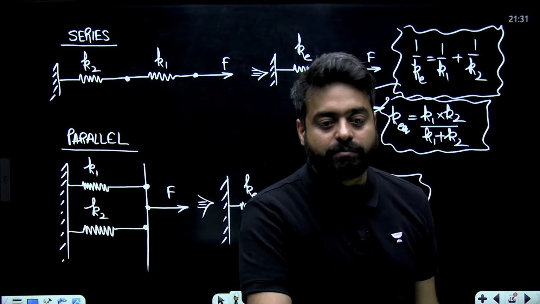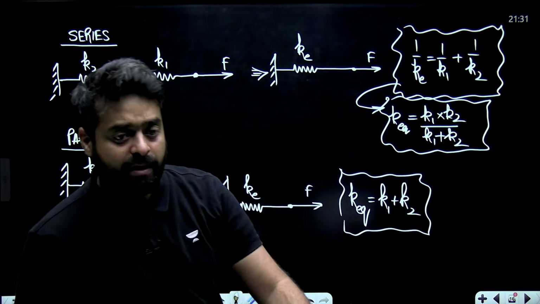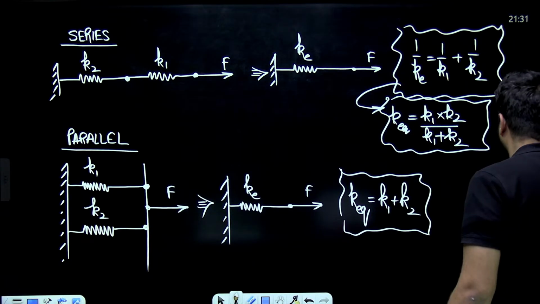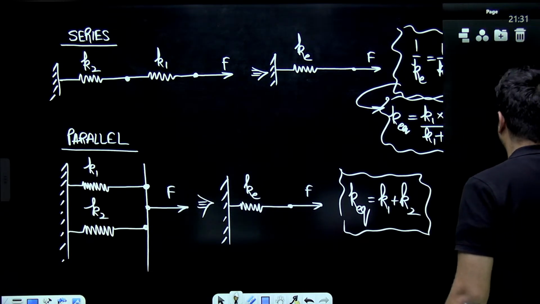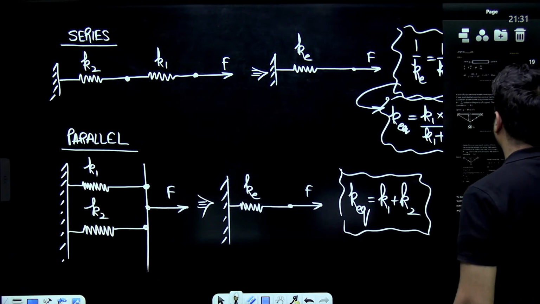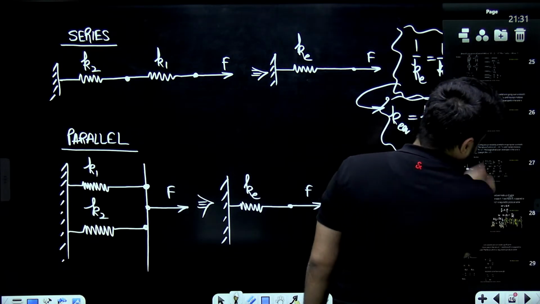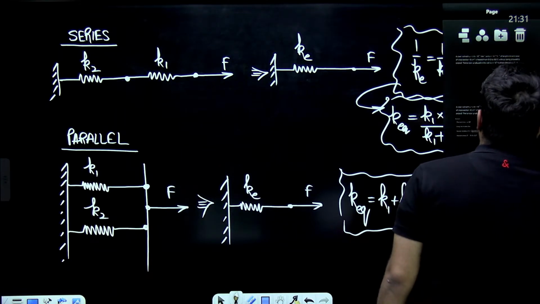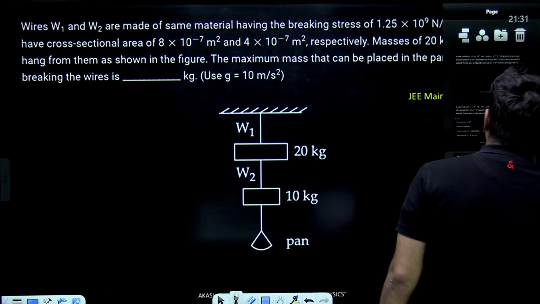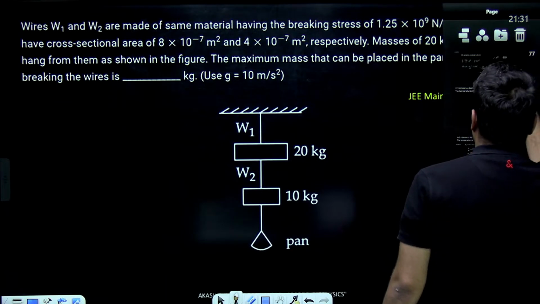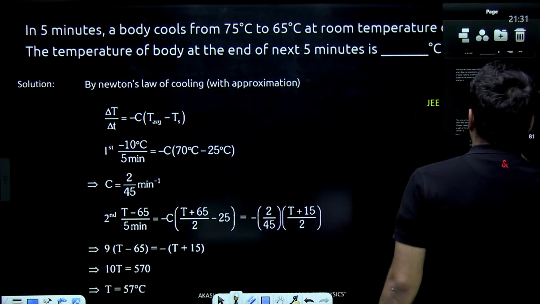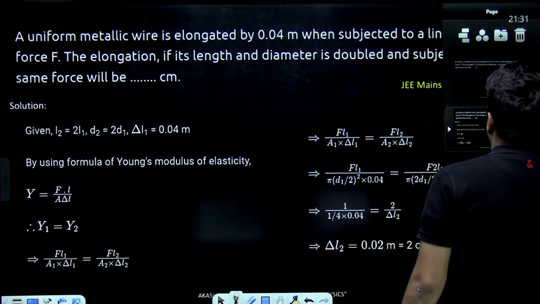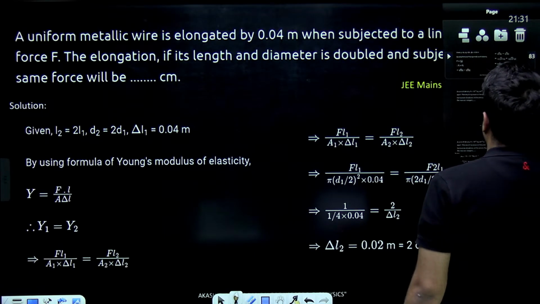Okay. I show you directly the numerical. That would be much better for you guys, and how to solve the numerical. There is a numerical in 2019, a two rods numerical. All are extremely simple.